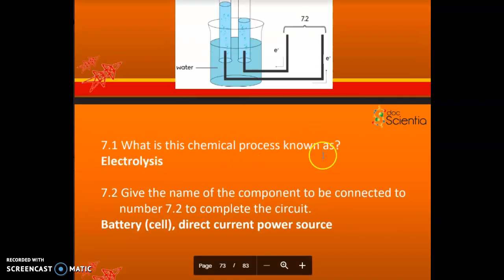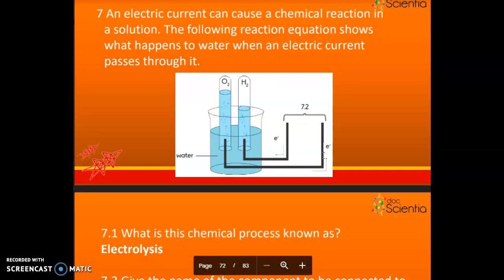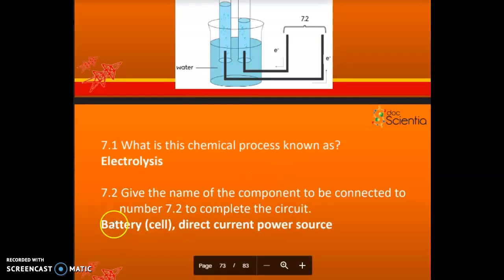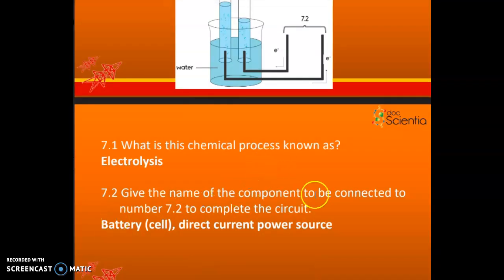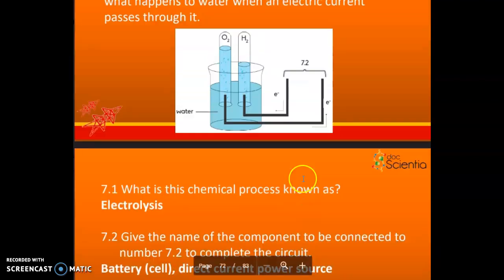What is this chemical process known as? Yes, electrolysis.